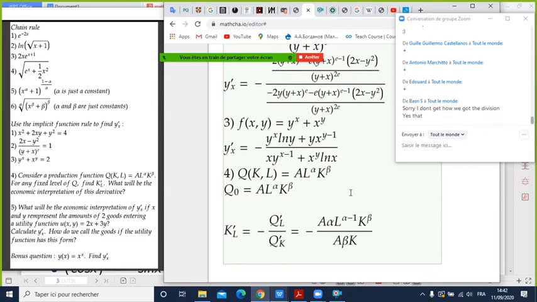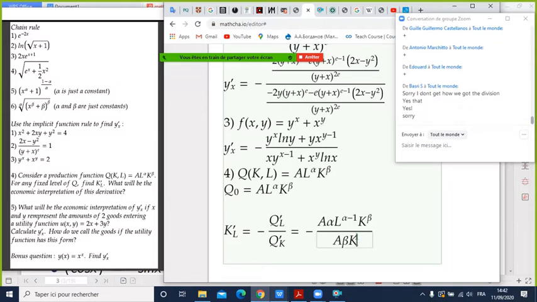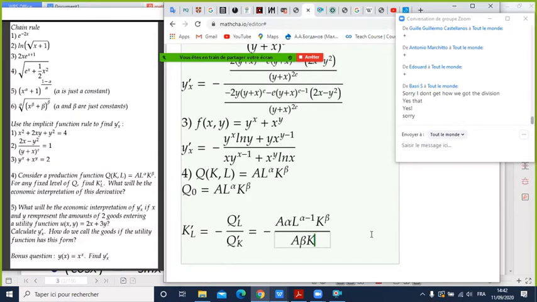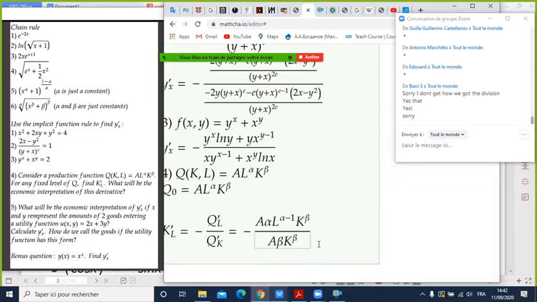Is that okay? Okay, cool. So I'm already using the implicit function rule for this functional form. Beta minus 1, so a beta K to the power of beta minus 1 times L to the power of alpha.